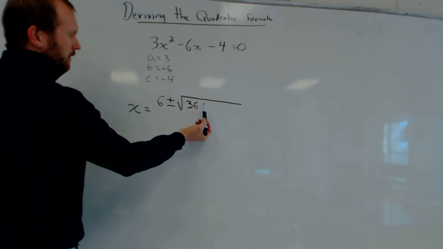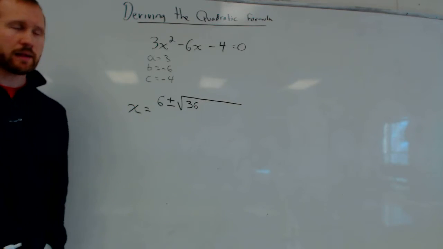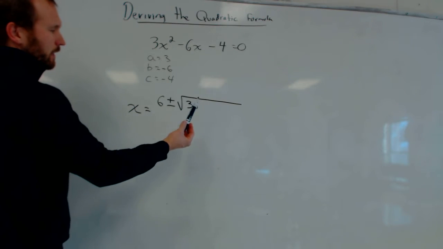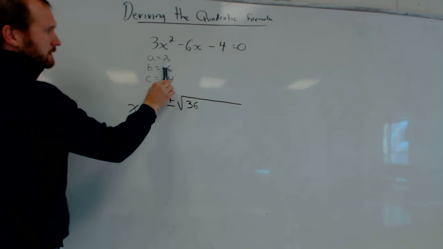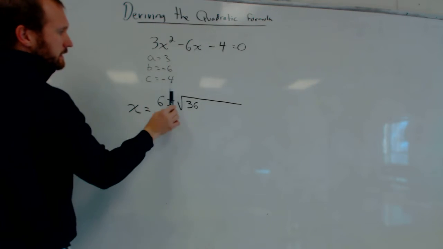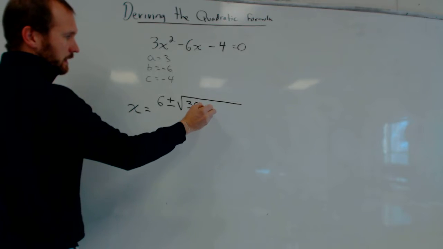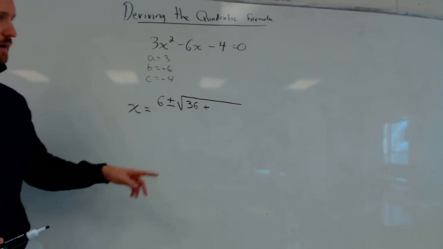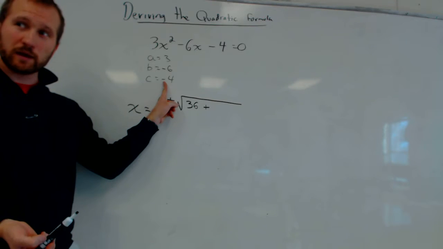Normally we would say minus 4ac, right? What I like to do is look right away. I have a minus. A is positive and C is negative. So the minus becomes a plus because we have minus exactly one negative.